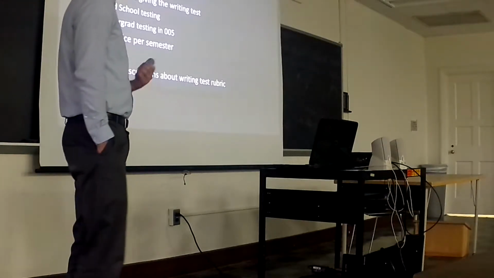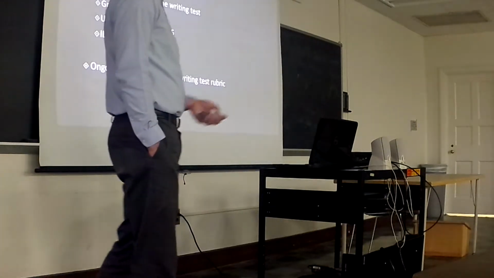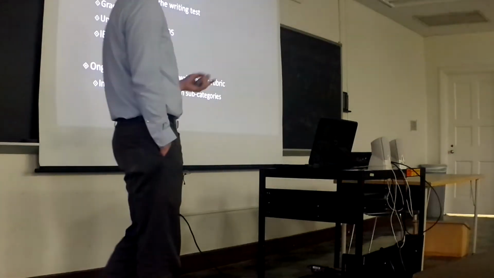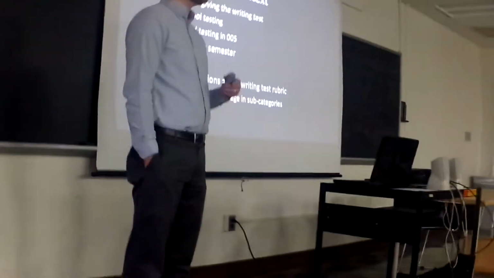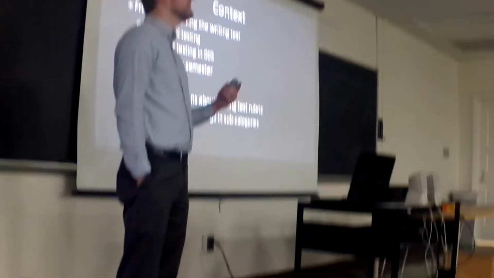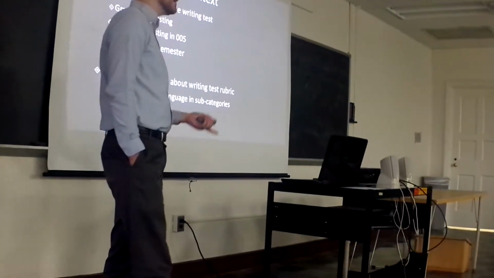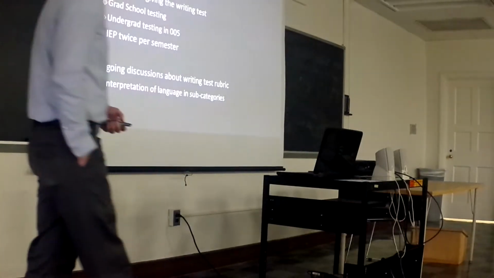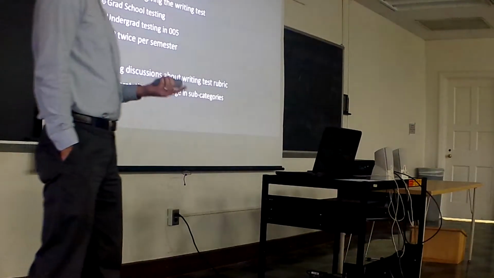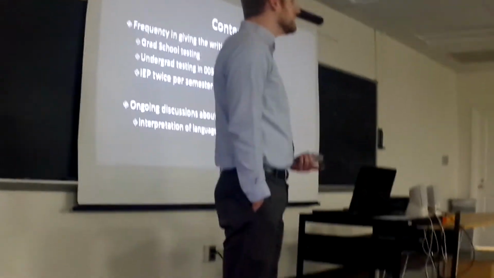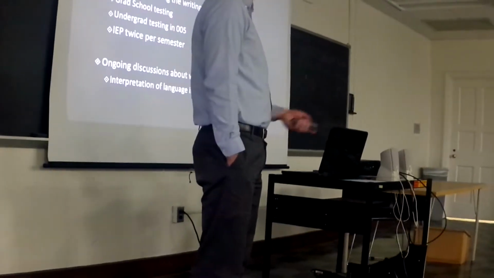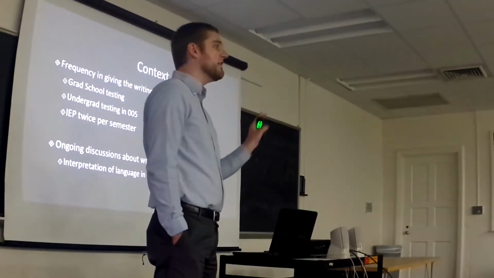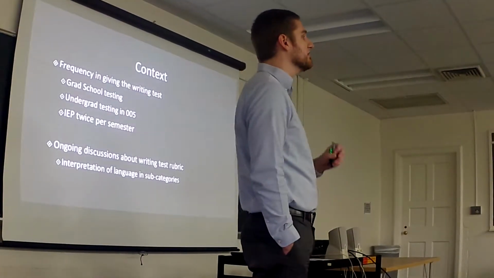There have been ongoing discussions about the writing test rubric, and particularly about how to apply and interpret the language in the 4 subcategories: the task fulfillment, task development category, the organization and cohesion category, the lexical range and accuracy category, and the grammatical range and accuracy category. Some of these conversations have come up during the calibration sessions that we've had, and so this is just a little bit of the context of why this was an interesting possibility for an analysis.